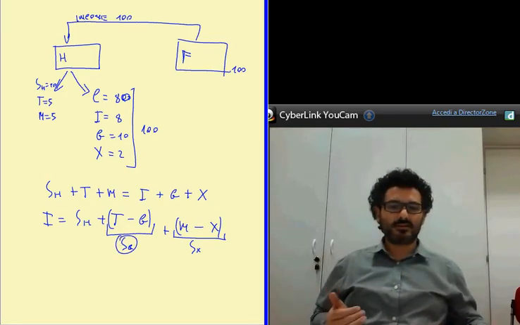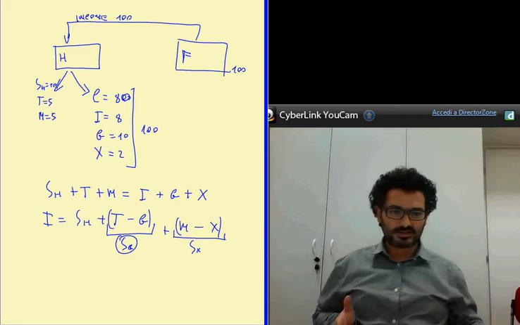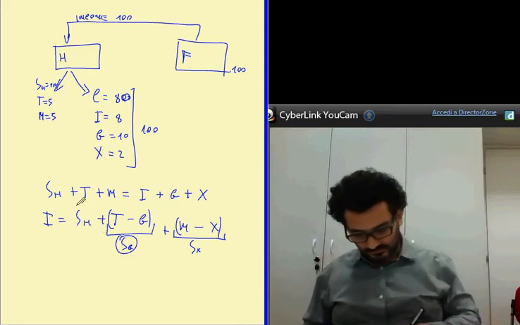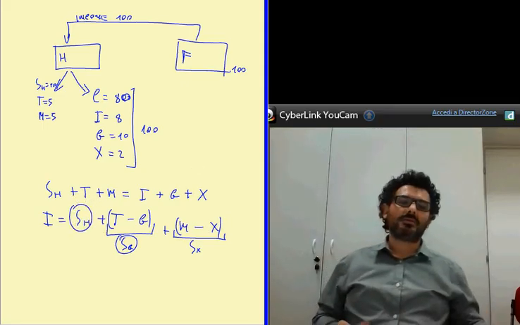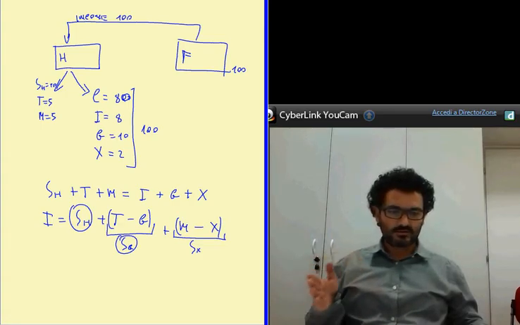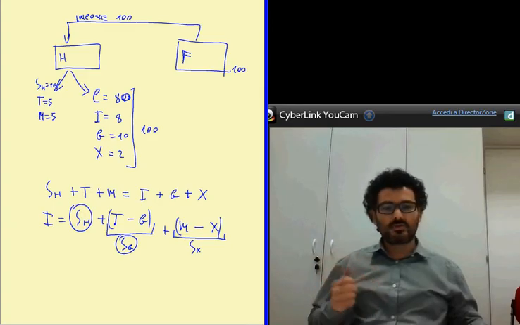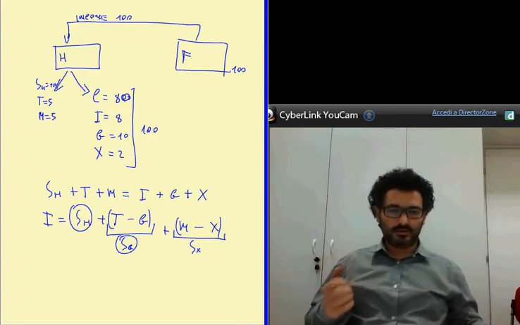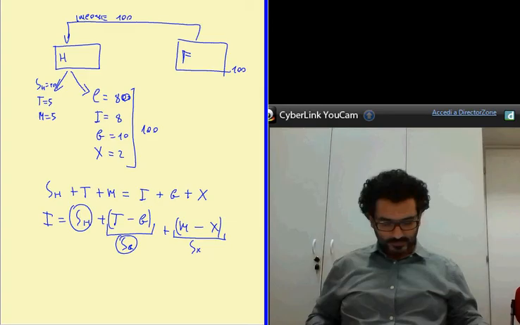If this saving is positive, government has a surplus. If it's negative, government has a deficit. We are assuming that household has a positive saving, but in general, saving can be also negative if household choose to consume more than their income.